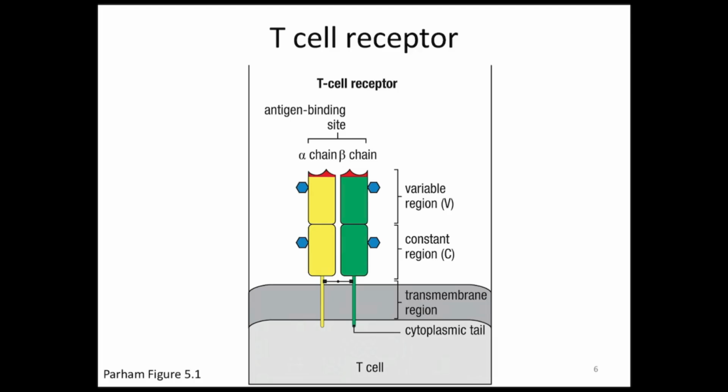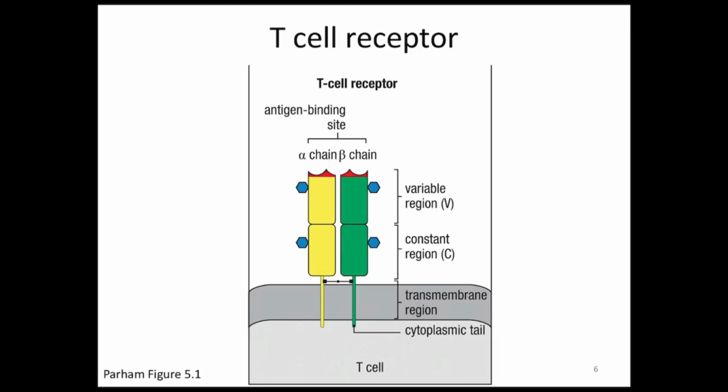How are we going to signal with this? Those partner proteins I told you about on the previous slide are playing 2 roles. One is helping to stabilize the interaction between the 2 cells and hold them together, because the T cell receptor's ability to bind MHC plus peptide is pretty low affinity. But they're also providing some cytoplasmic components to help get a signal from the T cell receptor.